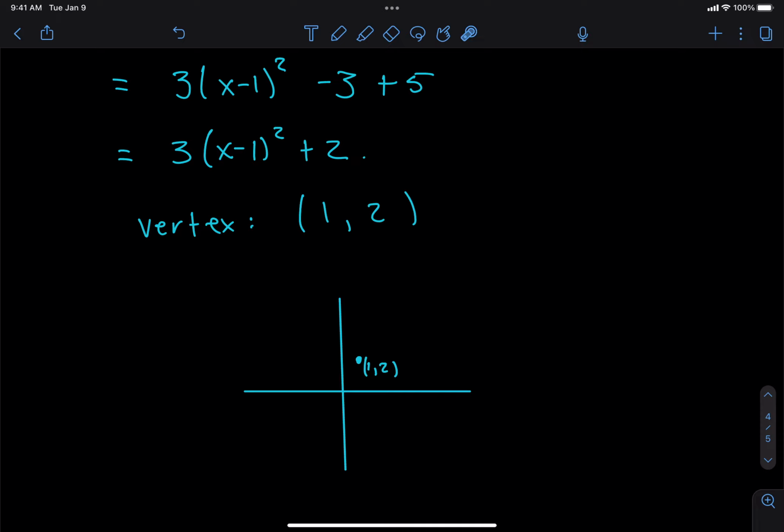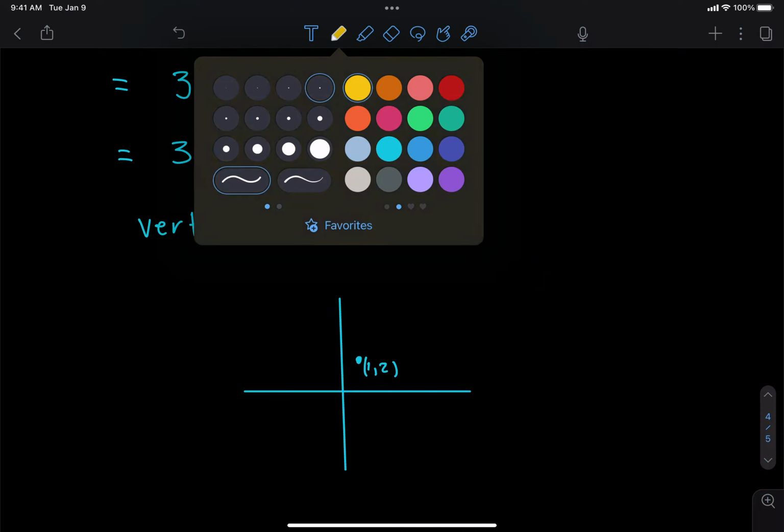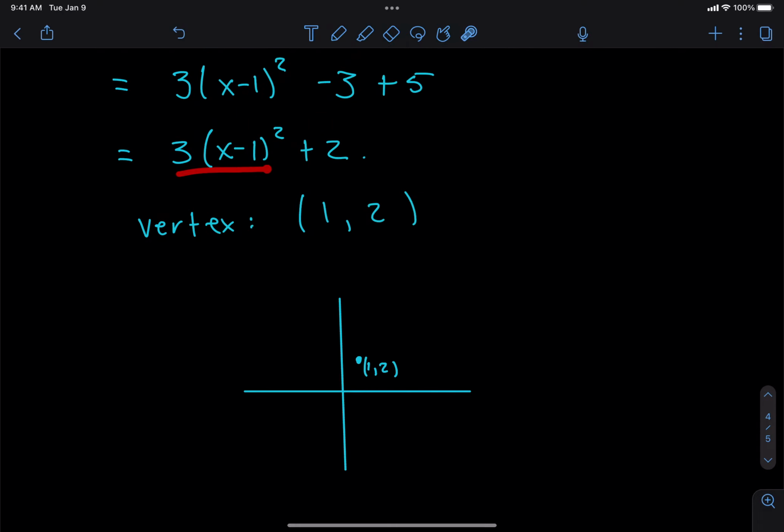I should go up 3, and the reason is this is a transformation of the function x squared. I move it to the right one, and then I stretch it by 3, and then I move the whole thing up 2. That's how the transformations are applied.